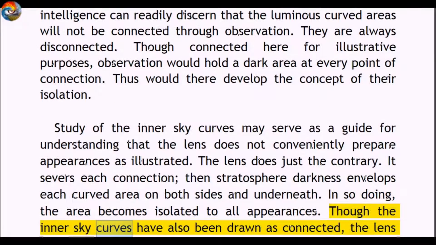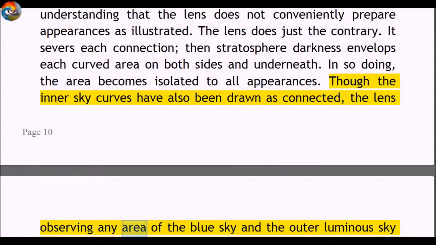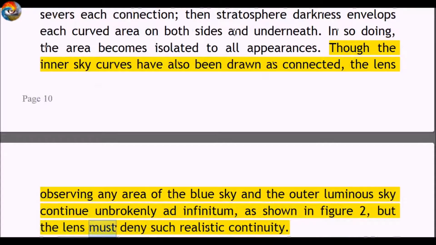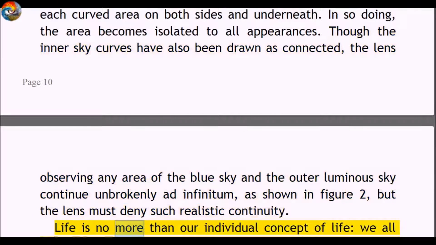Though the inner sky curves have also been drawn as connected, the blue sky and the outer luminous sky continue unbrokenly ad infinitum, as shown in Figure 2, but the lens must deny such realistic continuity. Life is no more than our individual concept of life.